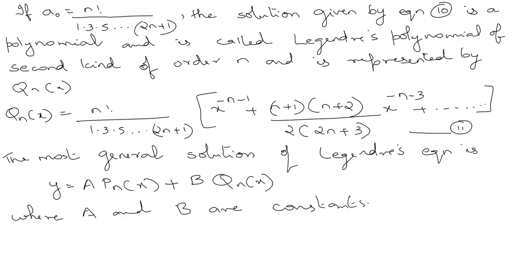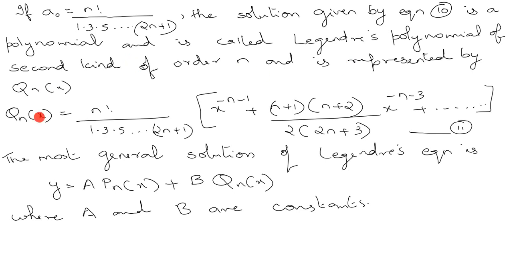Now again, if a0 is equal to n factorial by 1 into 3 into 5 etc. to n plus 1, the solution given by equation 10 is called Legendre's function of second kind of order n and is represented by Qn of x.